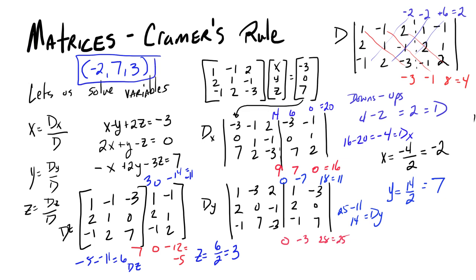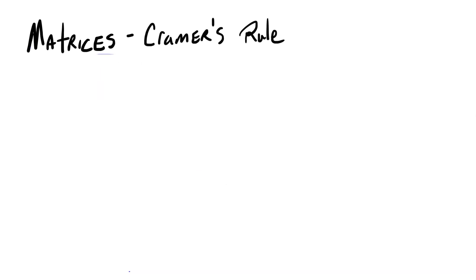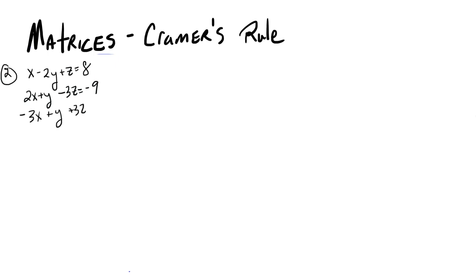Let's try it again. Okay, so this was another problem we did in class. So question 2, I don't know if I labeled question 1, but it's all right. Question 2, x minus 2y plus z equals 8. 2x plus y minus 3z equals -9. -3x plus y plus 3z equals 5.